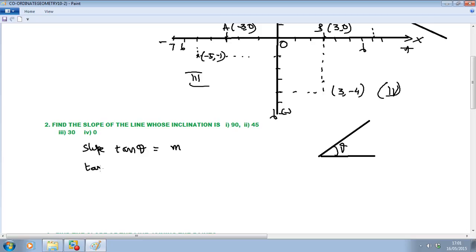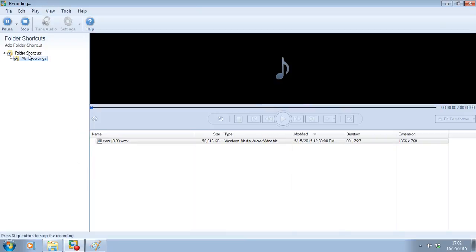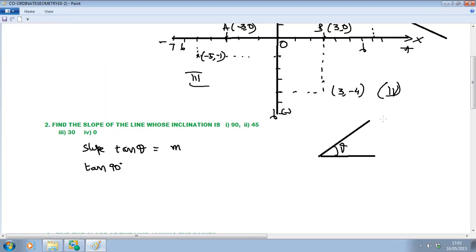So what is tan 90? So tan theta, let's mark this ABC. The ratio of AB by BC is tan theta.